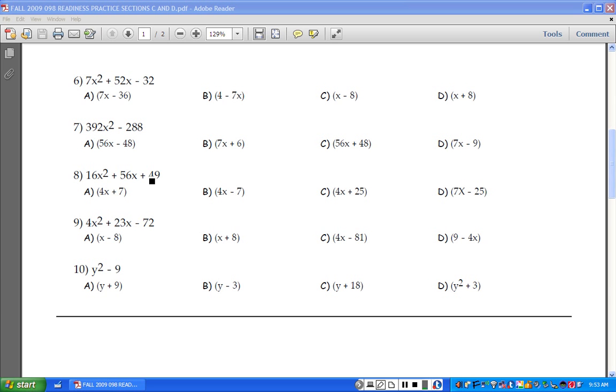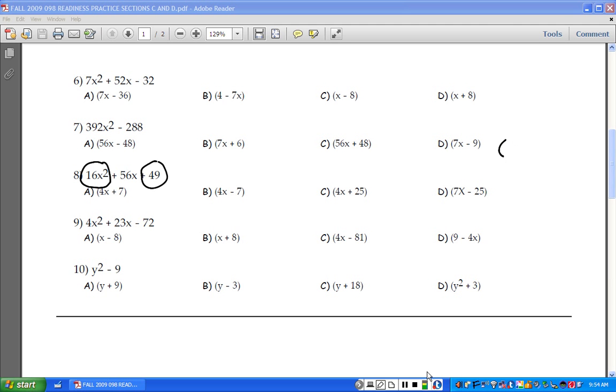Alright, but once again, like the last problem, even though we had to factor number 7 first to see it, we realize we have perfect squares again. Our first term is a perfect square, our last term is a perfect square. So let's just deal with it as such. They're given to us as perfect squares.